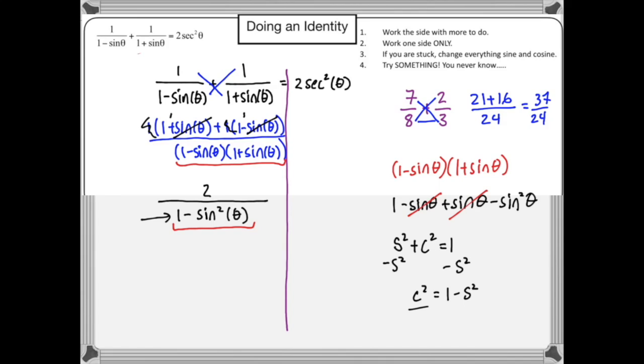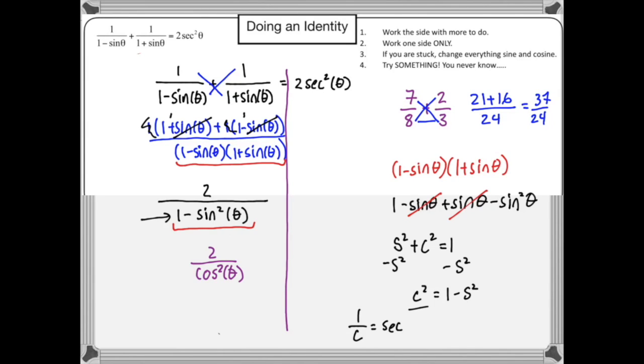So I'm going to rewrite that as 2 over cosine squared theta. And then finally, if cosine is in the denominator there, I can use the reciprocal identity, because 1 over cosine equals secant.